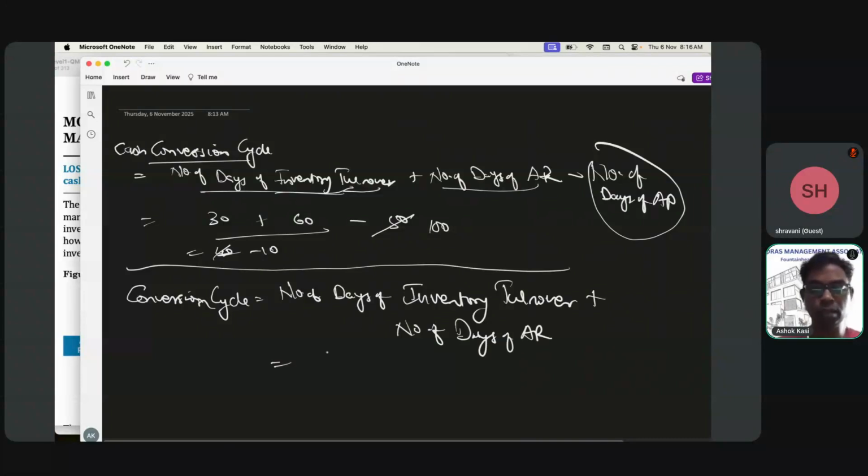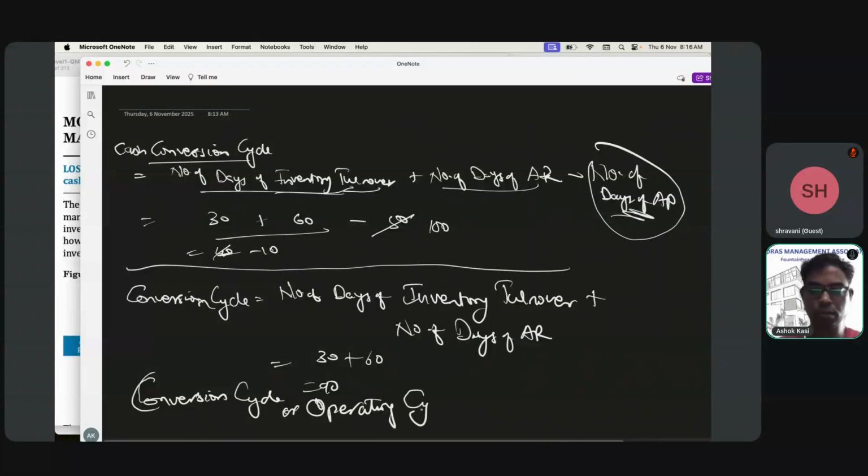So inventory turnover is 30 plus 60. This is called conversion cycle. That means here you will not factor in accounts payable. This conversion cycle is also called as operating cycle. Okay. Conversion cycle is also called as operating cycle.